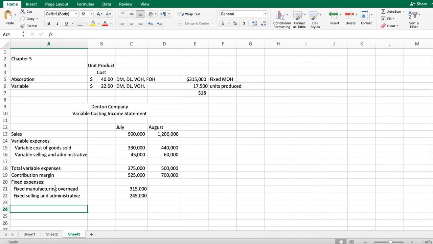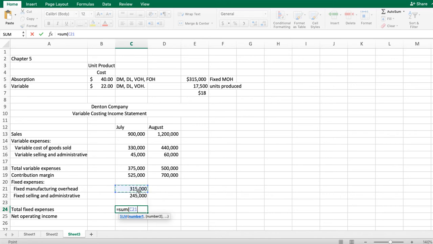And so if I add those together, I get my total fixed expenses. And then if I subtract that from my contribution margin, I get my net operating income. My net operating income is my contribution margin minus my fixed expenses, or a loss of $35,000.